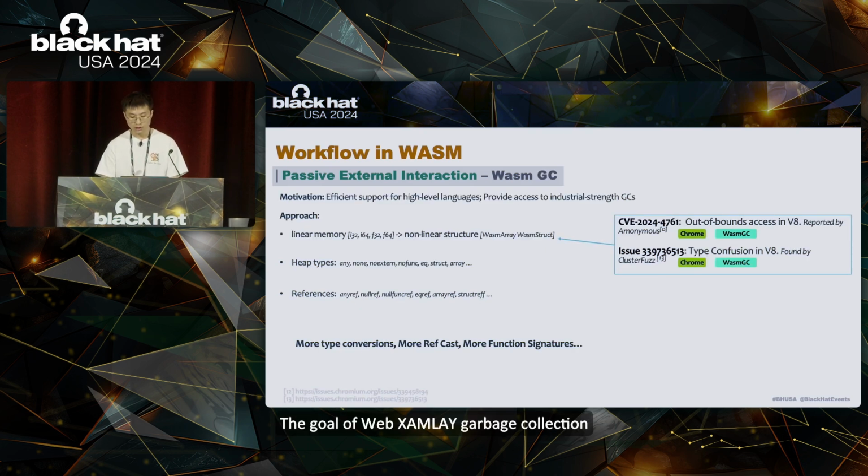The goal of WebAssembly garbage collection is to support high-level languages by allowing the virtual machine's garbage collector to manage memory for programs running in the VM without needing to translate GC operations into WASM. The implementation of GC in the WASM VM requires the ability to provide non-linear data structures and reference external objects.